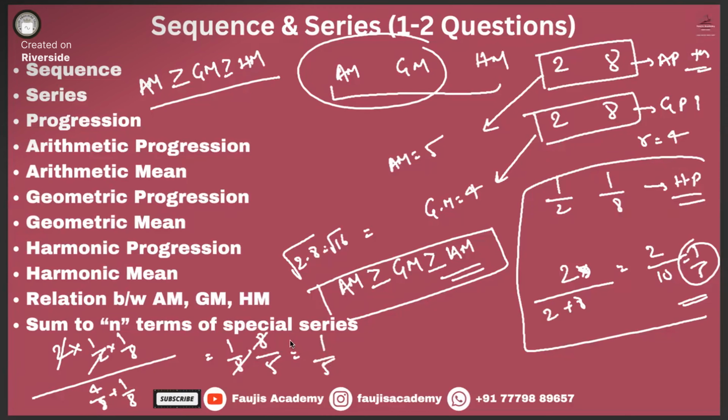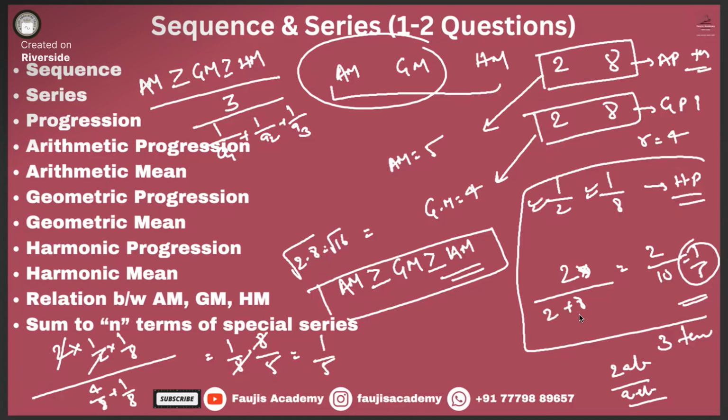This is exactly where, if they ask you what is the harmonic mean of 3 terms, in that case 2AB by A plus B does not apply. The formula over here is 3 divided by 1 by first term plus 1 by second term plus 1 by third term. 1 by first term is 2, 1 by second term is 8.